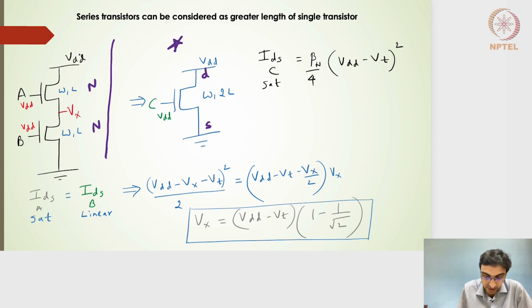One is connected to the VDD, the other terminal is connected to the ground, and the in-between terminals are tied together. The input to the first transistor is A, and the input to the second transistor is B. Both of them are supplied with the VDD potential. So in this configuration, the inputs are tied together and given the input of VDD.